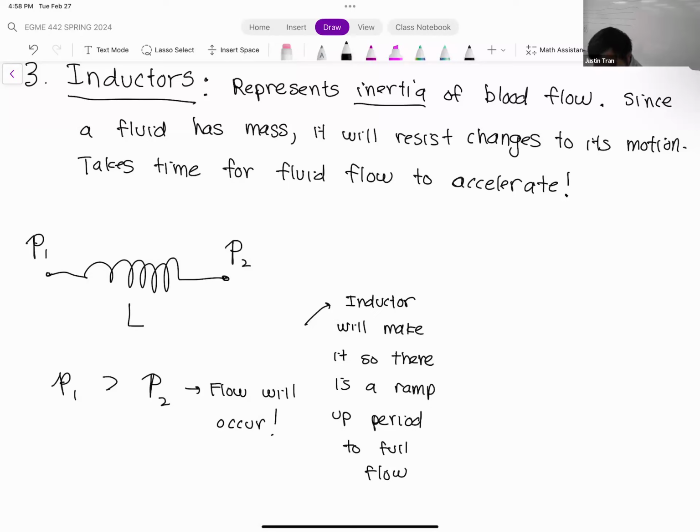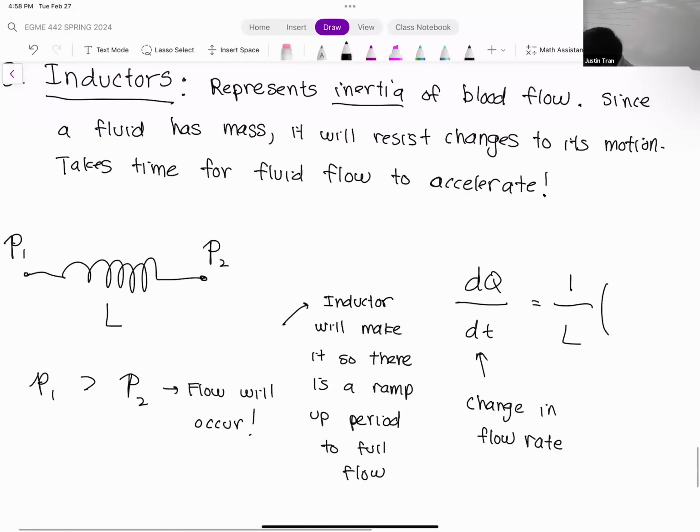The formula for the inductor is the following, and again, I'm jumping straight to the fluid mechanics version. We have dq dt, which represents the change in the flow. This is equal to 1 over the inductance, 1 over L, multiplied by the difference in the pressure, P1 minus P2.